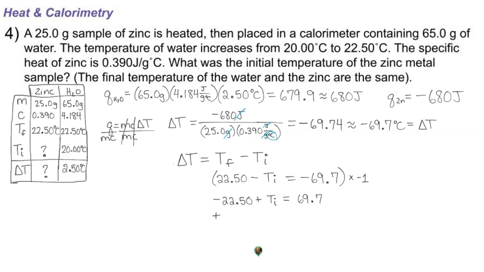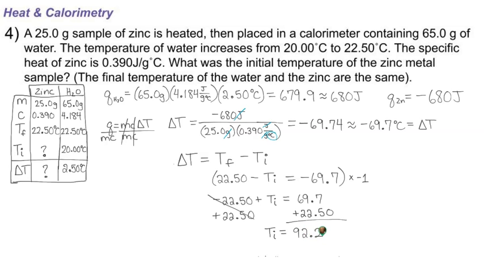So I can add 22.50 to both sides. And then that gives me my T initial equals 69.7 plus 22.5, which gives me 92.2.